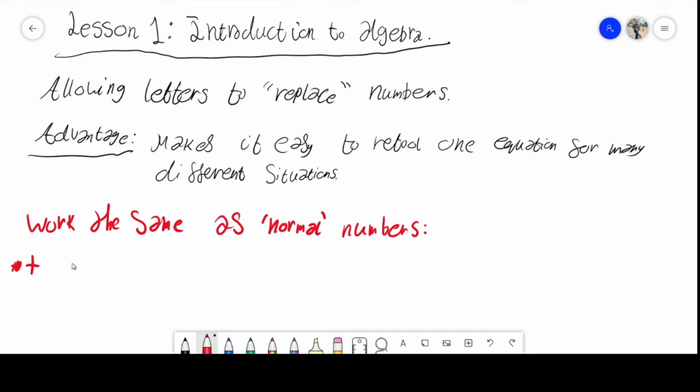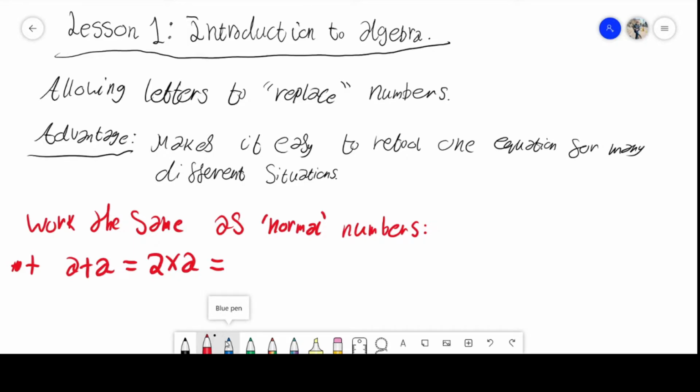So we can say that A plus A is the same as having two lots of A. So that's equal to 2 times A is equal to... Okay, I've realized that my A and my 2 look quite similar there.